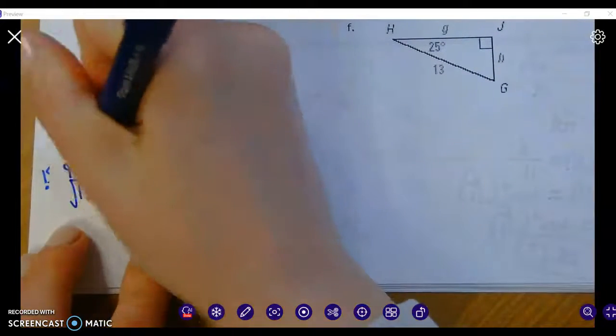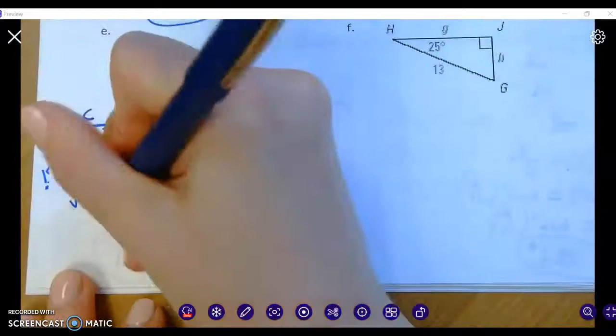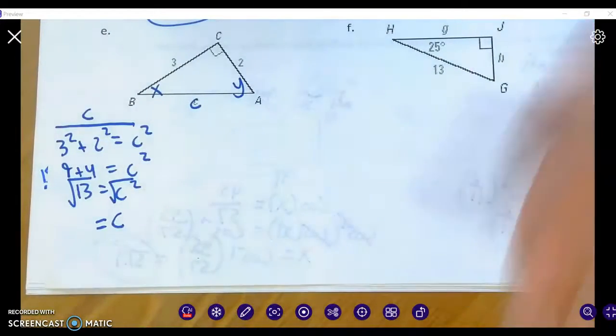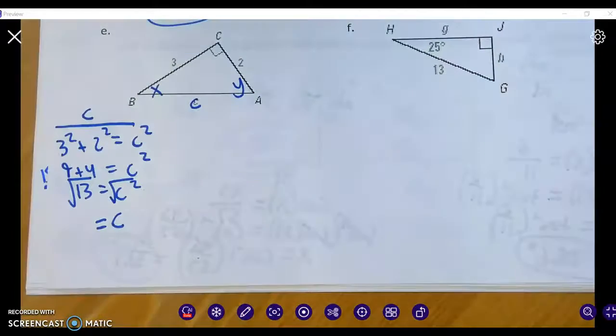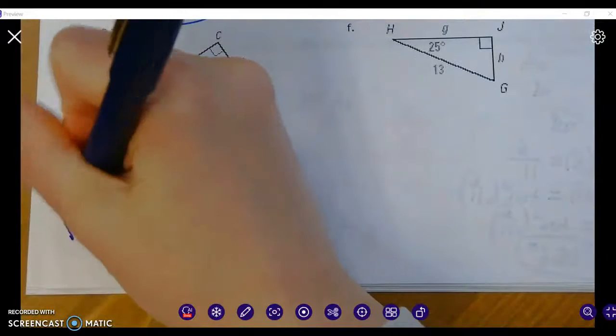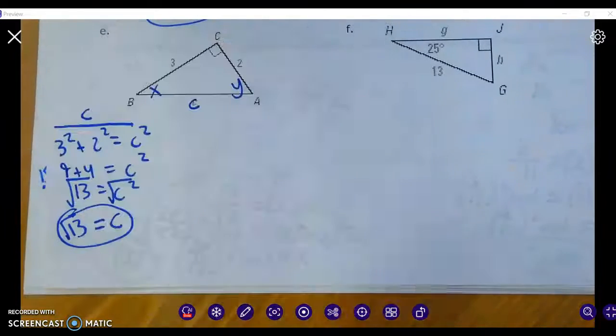Square root both sides. Now, square root of 13. Can we simplify that? Nope, it's prime, so that's done. We're just going to leave it like that. It's less work. Why would you want to do more work? Okay, so just leave it as a square root.